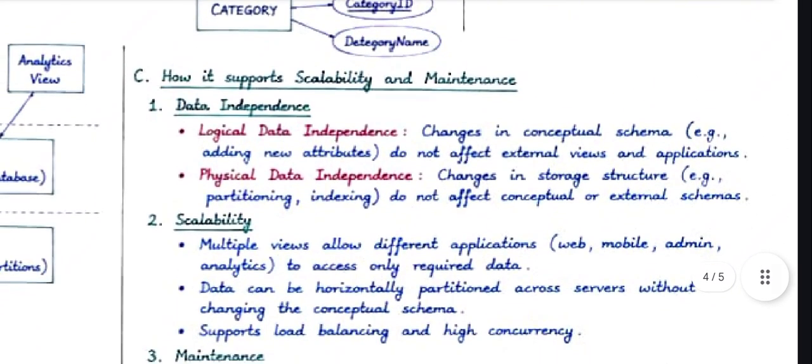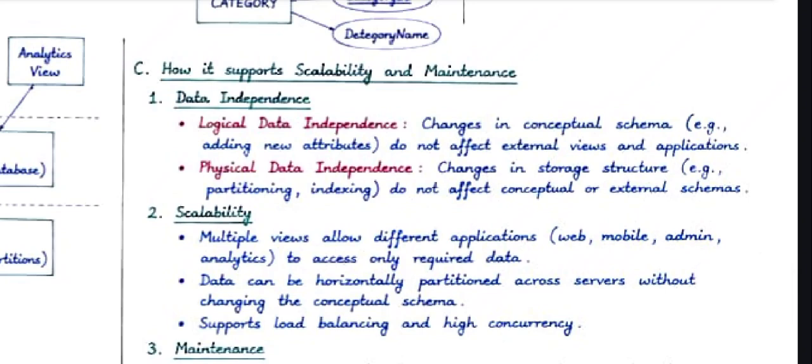Then how it supports scalability and maintenance. Data independence. There are two types: logical data independence and physical data independence. Logical data independence means changes made in the conceptual schema, for example adding new attributes, do not affect the external views and applications.